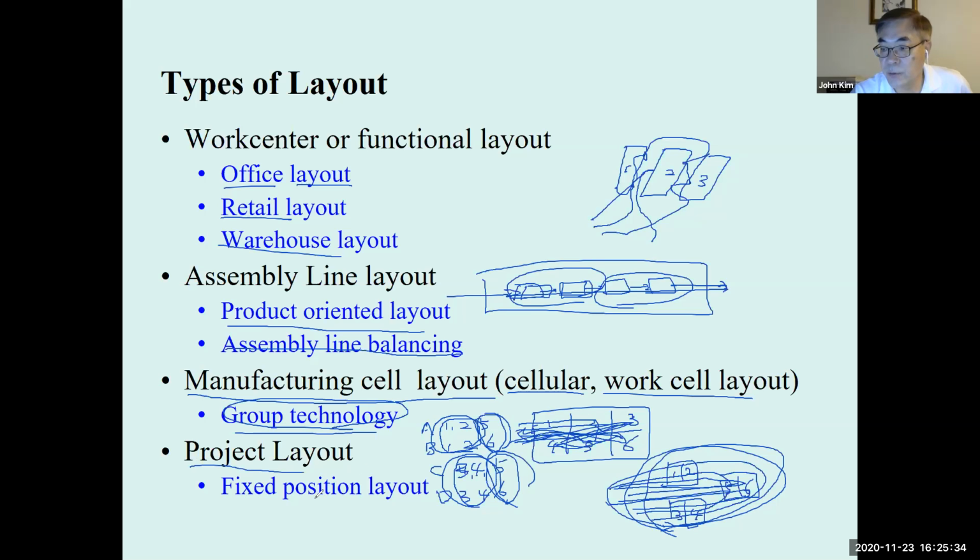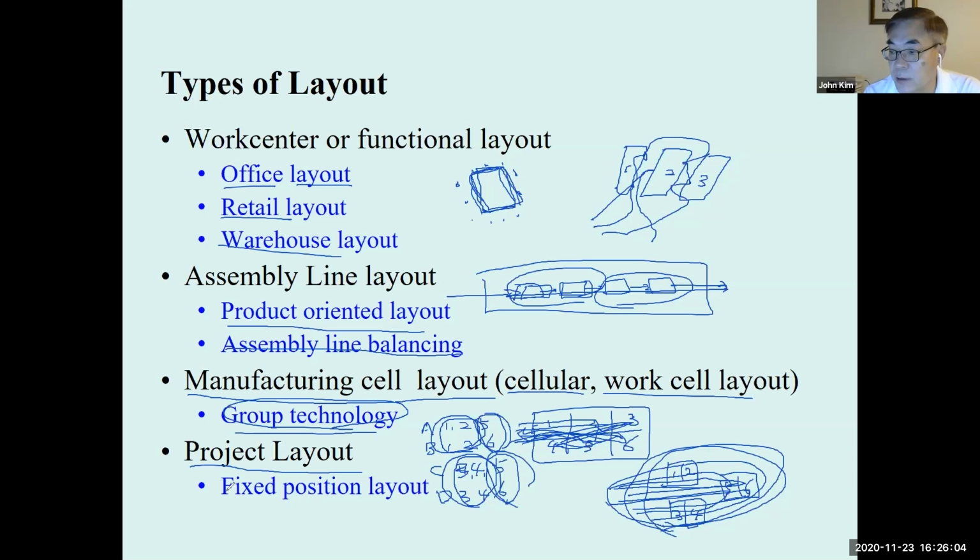And then project layout. Usually when we say project, the product is a large one. In project layout, the product is fixed, and workers or equipment move around the product.